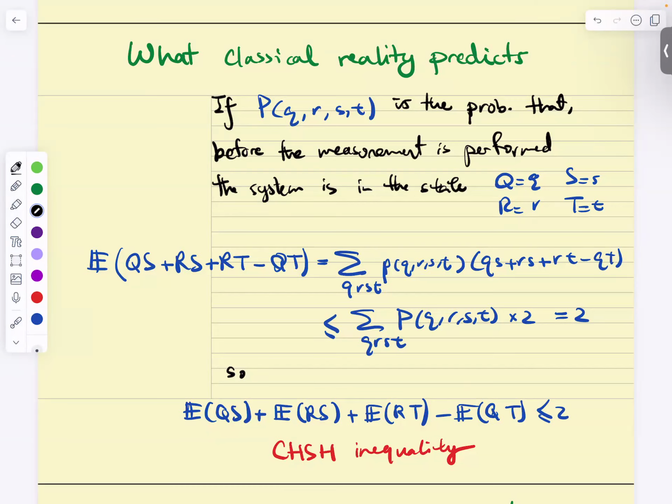So classical realism says that before they do their measurement, one of these configurations exists. When they flip coins, there's a probability associated to some outcome, for example, plus 1, minus 1, plus 1, plus 1, this being Q, this being R, this being S, this being T. There's a probability associated to all of these. So let's do an expectation value of this expression.